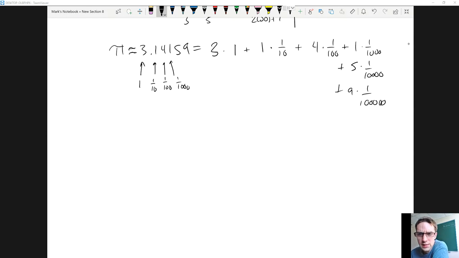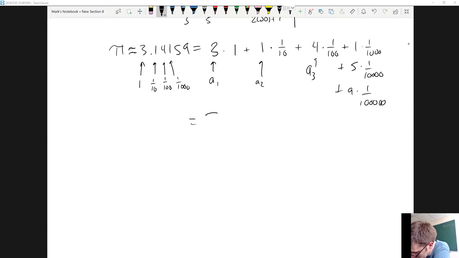And notice, it looks a lot like a geometric series, right? Now, it's not exactly a geometric series because the constant is not the same. It's different for each one. But it has a similar flavor, because you could call the digits a1, a2, a3, and so on.